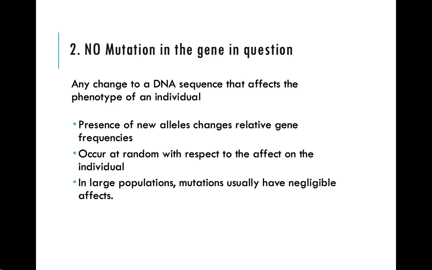So you probably won't really see much of a change in allele frequencies based on this mutation, at least not until that mutation becomes more prevalent. The other thing with mutations is you're not going to get multiple mutations in the same gene that you're looking at in a short amount of time. So we don't have to worry about mutation too much.